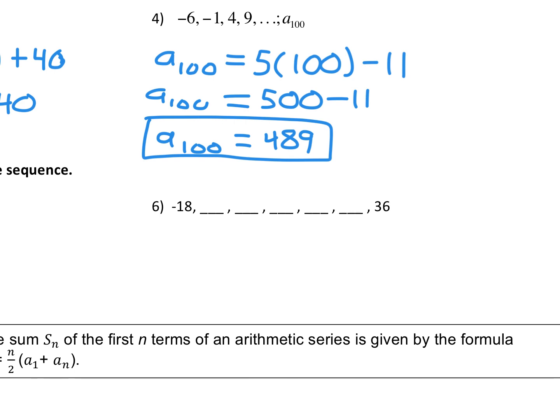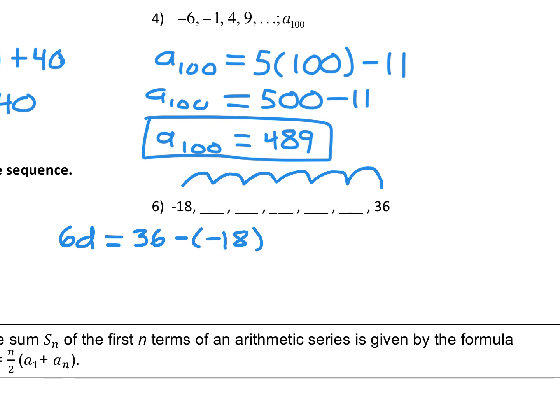All right, so again, I'm going to count the jumps. 1, 2, 3, 4, 5, 6 jumps. So 6 common differences. And then this tells me how much it increased. 6 common differences led to an increase of 54.